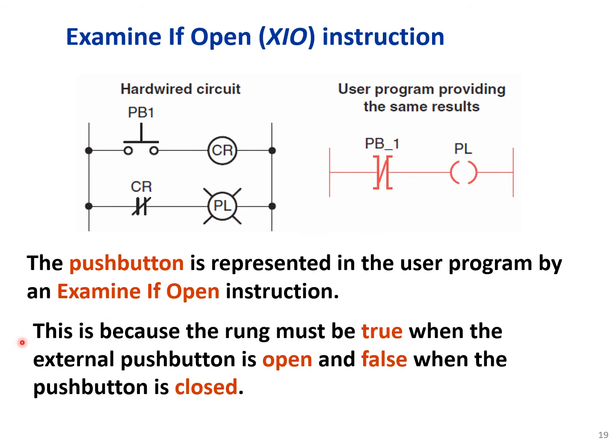This is because the rung must be true when the external push button is open and false when the push button is closed. Okay, so here, although the push button one is normally open, yes, but here, this XIO contact is true.